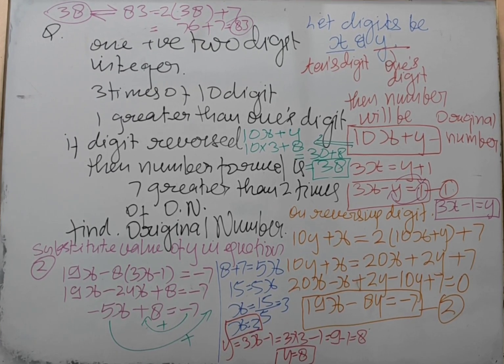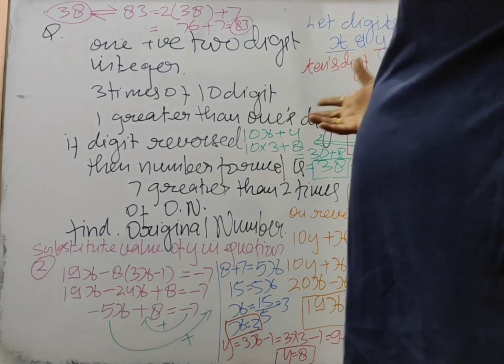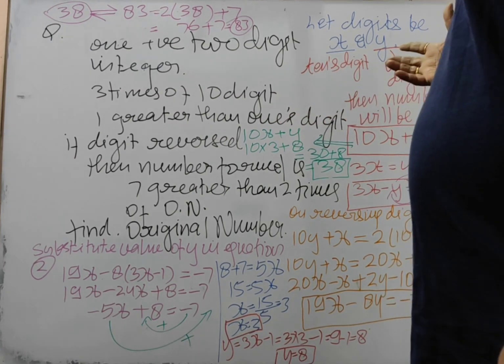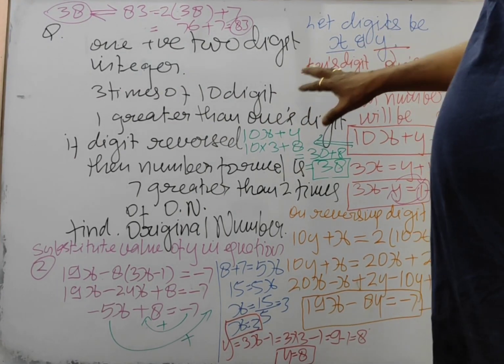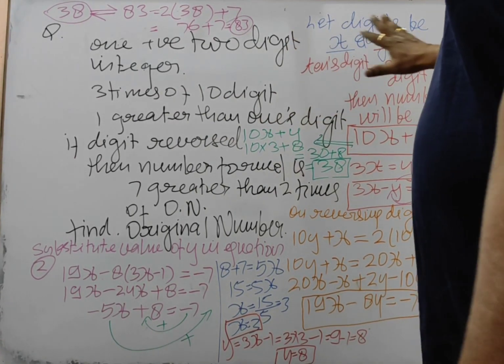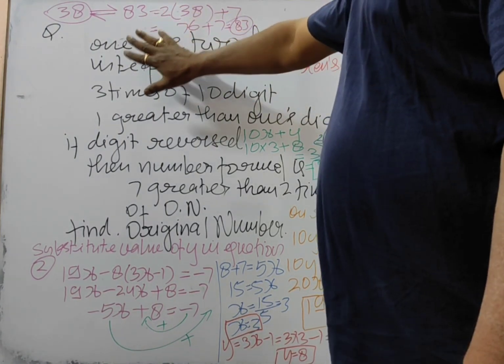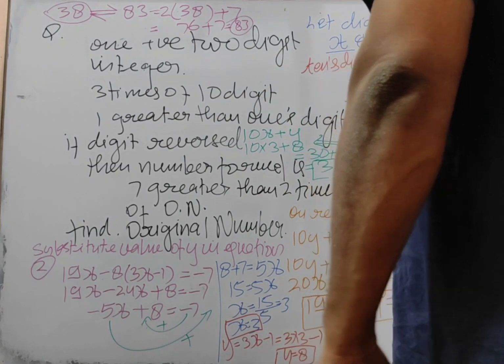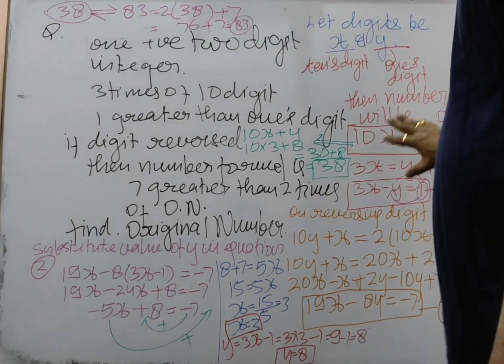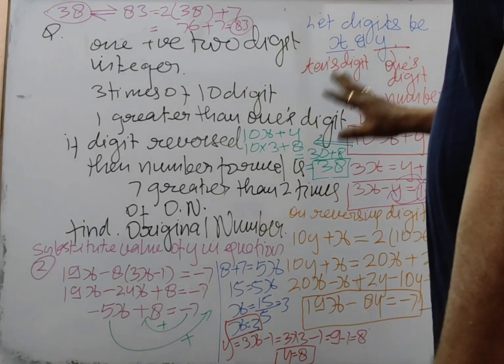This one, the question is not so long. Actually, you told me the question. So first I wrote the question, then I gave you the solution. That's why it seems to be long. Otherwise, it is not long.